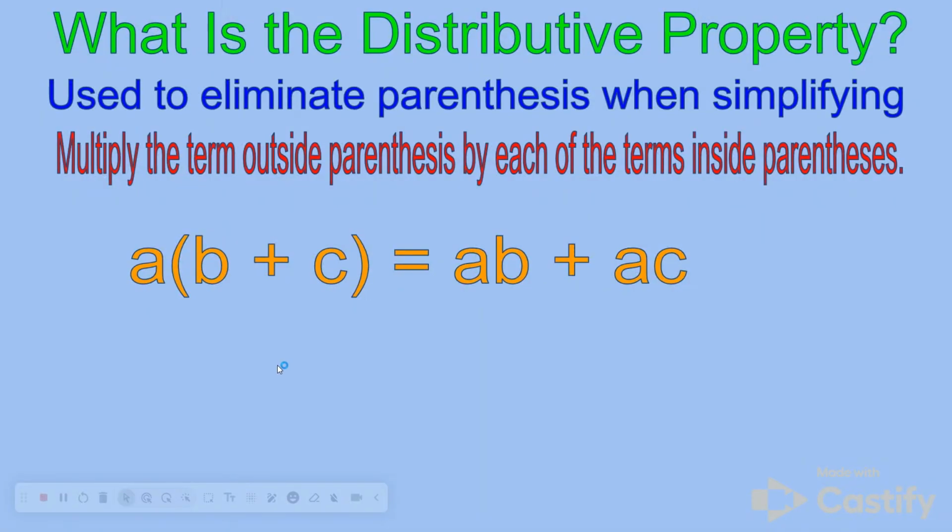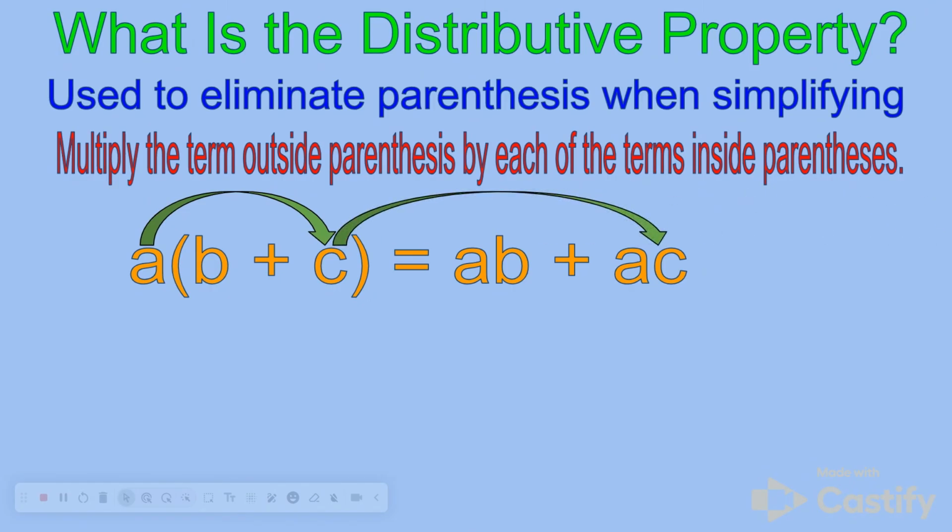So for example, if I was going to simplify what's on the left, I would take this a on the outside and multiply it by b on the inside. And a times b is just ab. Then I would do the same thing with the other term on the inside. I would take the a on the outside and multiply it by the c on the inside. Just like a times b is ab, a times c is ac.